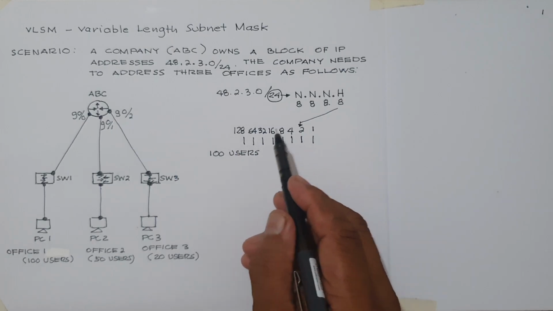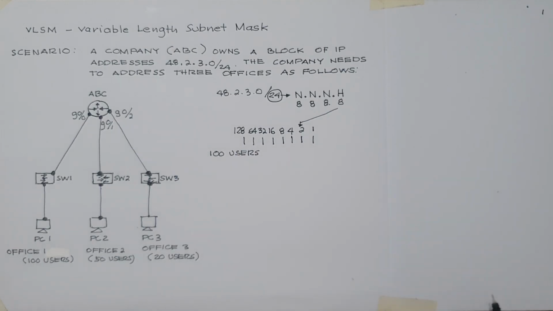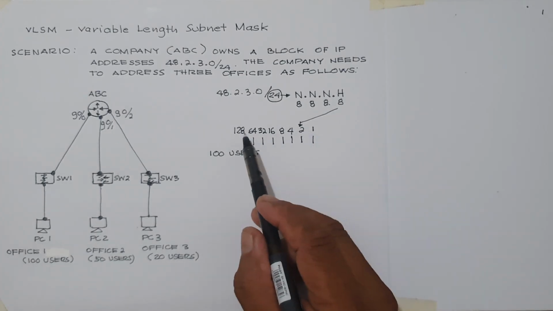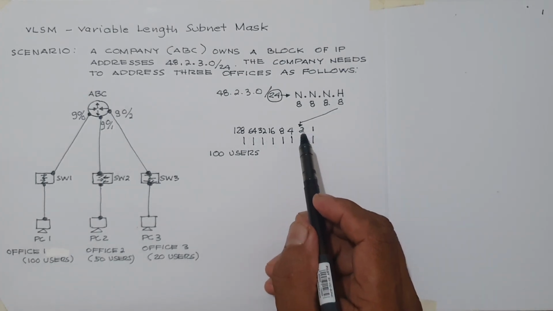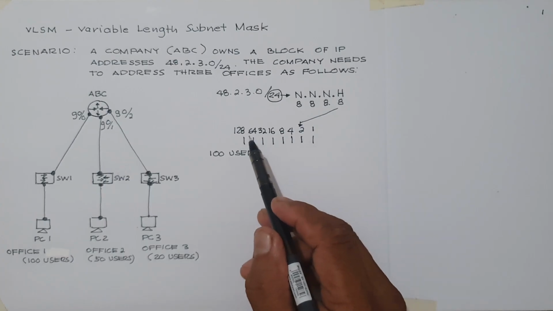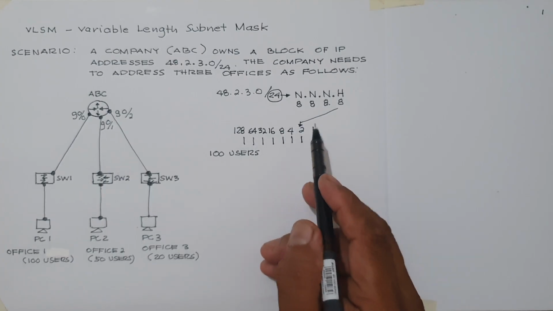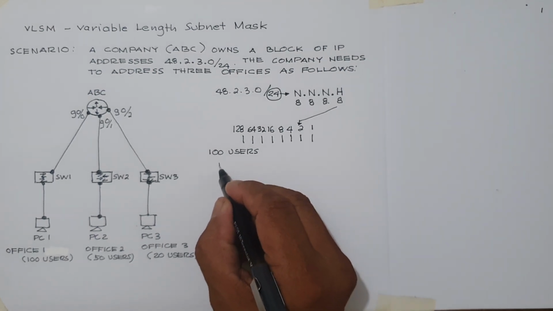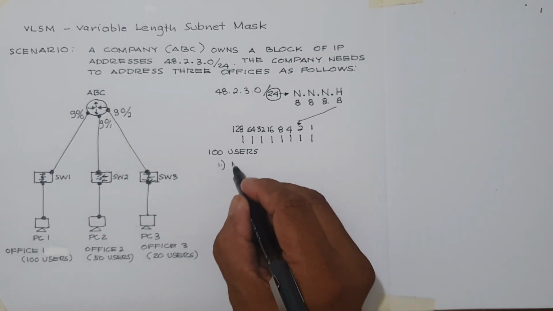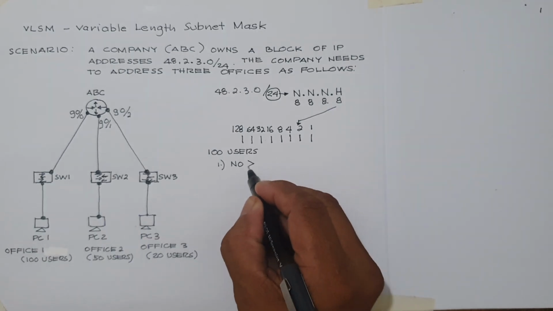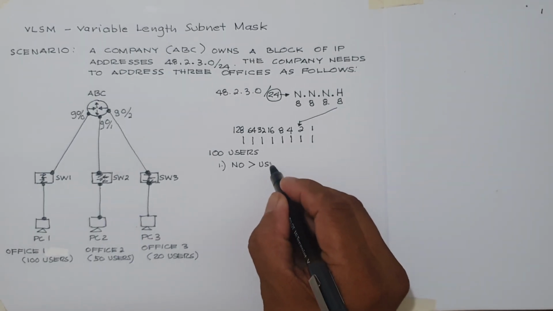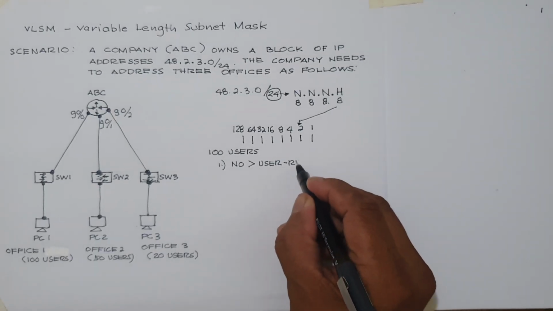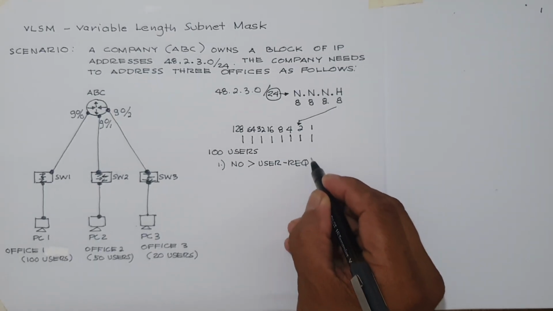And there are 3 criteria we must follow in order to be able to identify which of these numbers is the one we are going to consider. So the first criterion is, okay, the number must be greater than the user requirement.